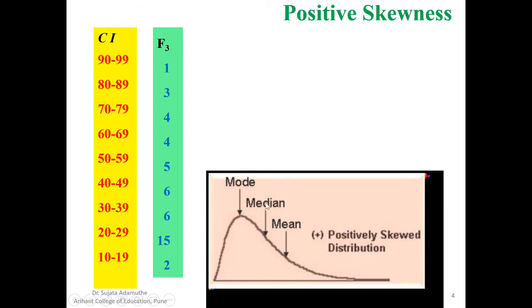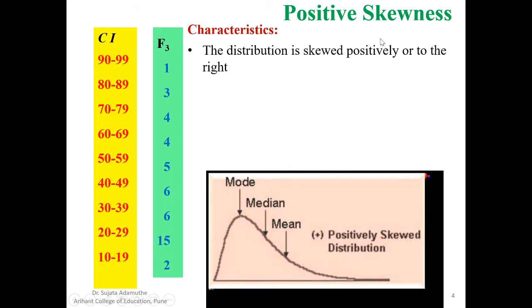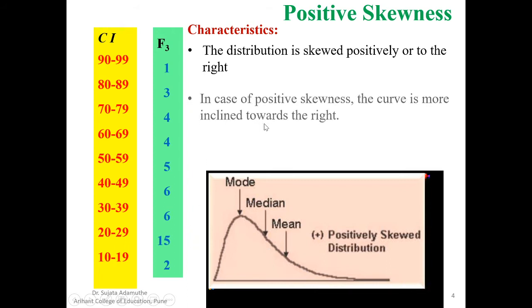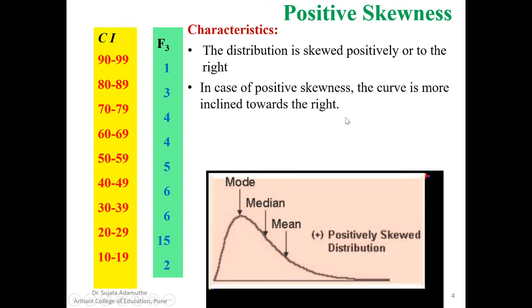And if we calculate median and mean, then the mean will come on the positive side, that means on the inclined side, and the median will come in between mode and mean. Let us see the characteristics again. The distribution is skewed positively or to the right. That means here, to the right or positively, the distribution is there. In the positive skewness, the curve is more inclined towards the right. Correct?